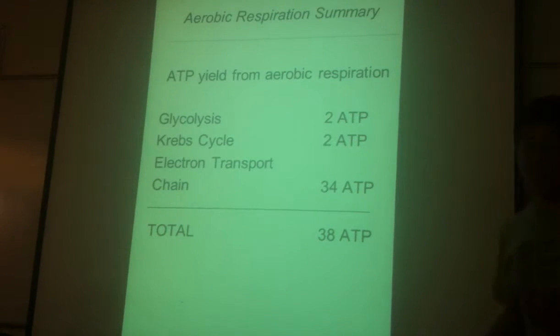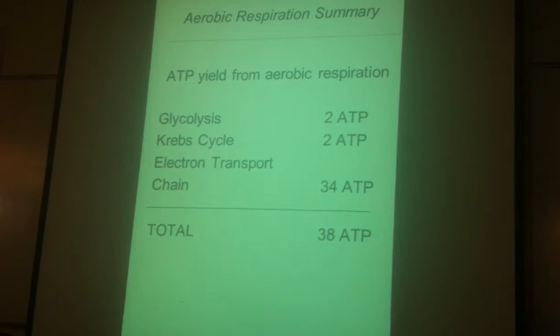Now let's take a look at some of the energy accounting going on here. When you go through glycolysis, we learn that you get 2 ATPs. That's what you gain, 2 ATPs. When you go through the Krebs cycle, you get another 2 ATPs. Now you have 4. When you add on the electron transport chain, that final step, that's where you get actually the bulk of your ATP, 34 ATPs.